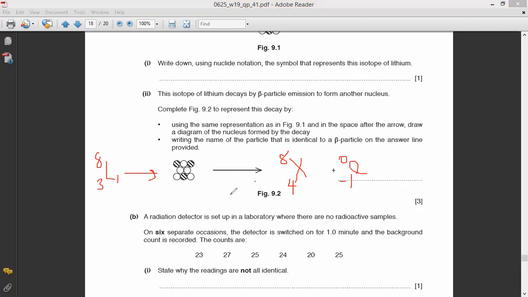Let's stop here and explain radiation proper. This is more or less like a class on radiation, because if you understand this now, it's going to help you understand every other thing we do on radiation. Okay, so let's get this started.